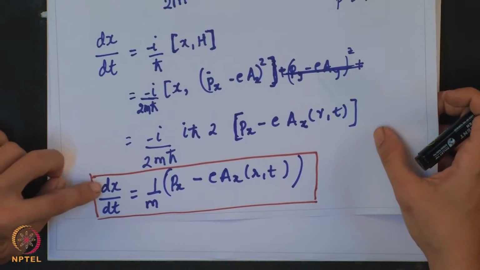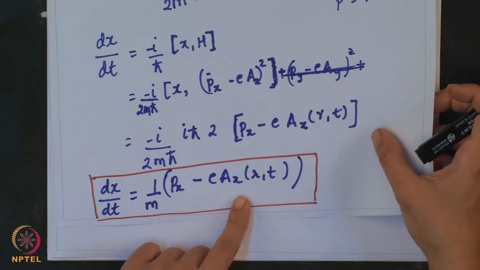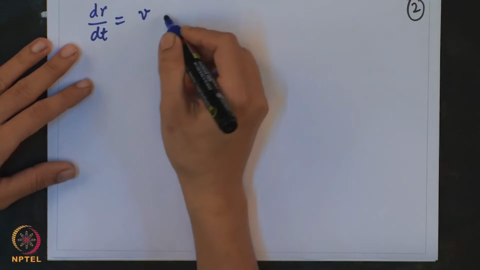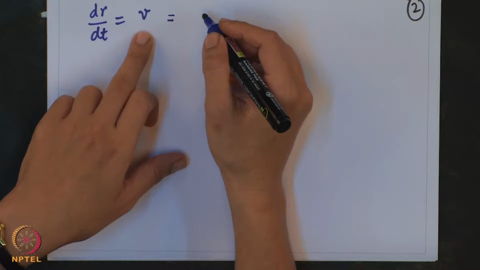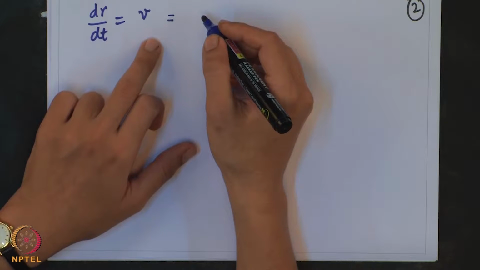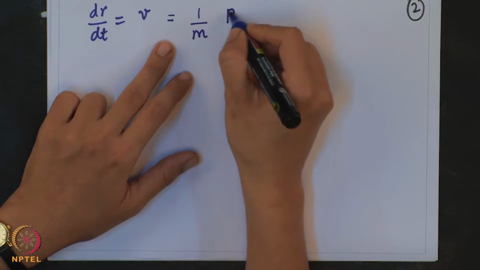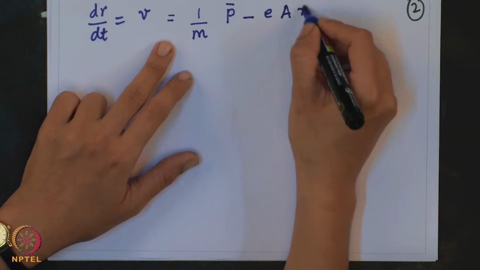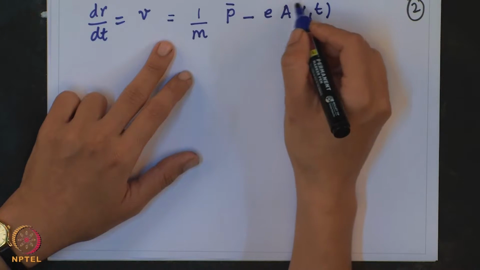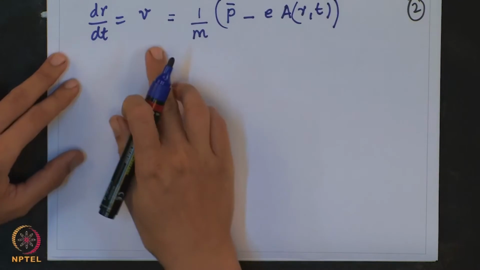If I do it for r, I will have (p minus eA), correct. So this will be nothing but this, for the velocity. Now, there will be a time dependence, which I can write as (p minus eA(r,t)), correct. This is what I obtain for velocity.